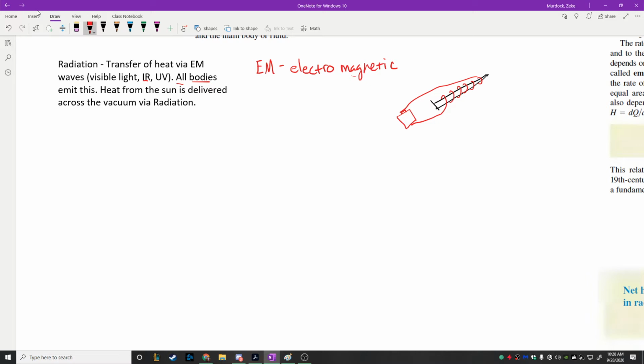Another strange phenomenon is that if you move a magnet near a coil of wire, it will actually produce electricity, and that is at the core of how we generate all power in the world, by moving magnets near wires. The most common form of this that you may have heard of is hydroelectric power. What's hydroelectric power?